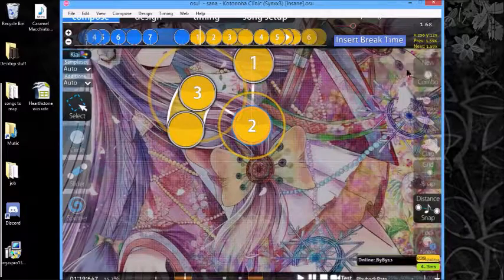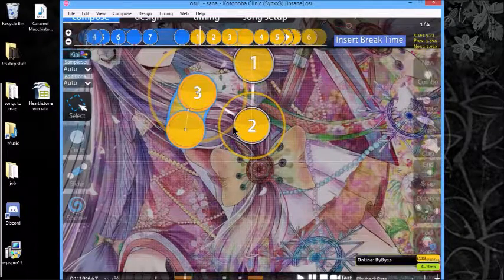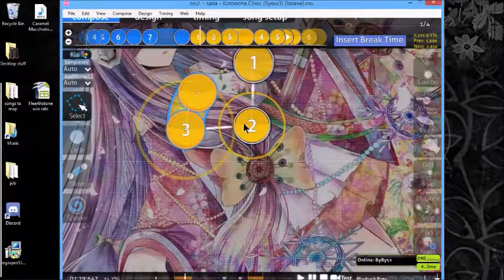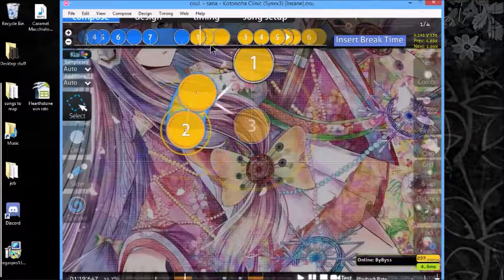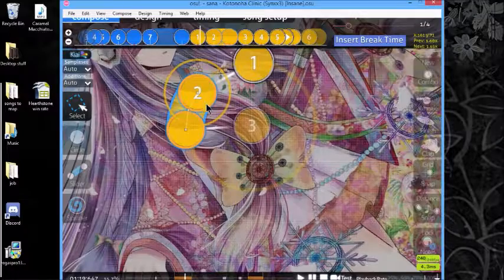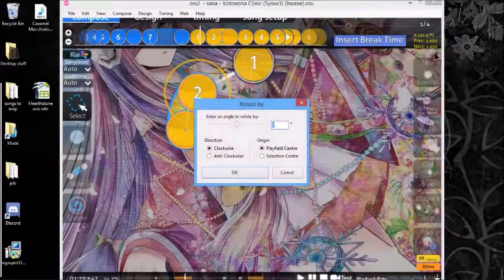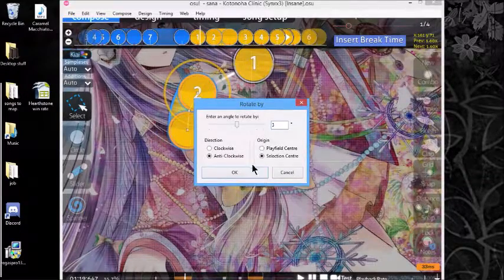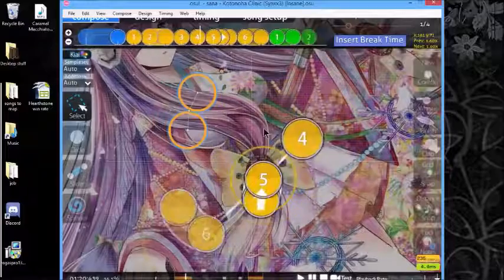Up top, I'm looking at the DS, I got them at 1.6. Then you set this back the right way. So we just need to rotate until this is 1.6 around the selection center, 1.62, turn it one more time. There we go, it's probably blanketed.